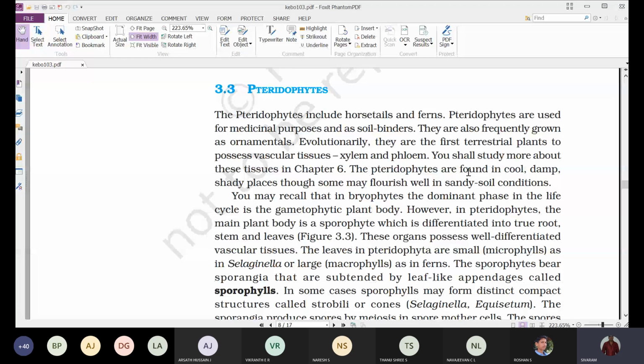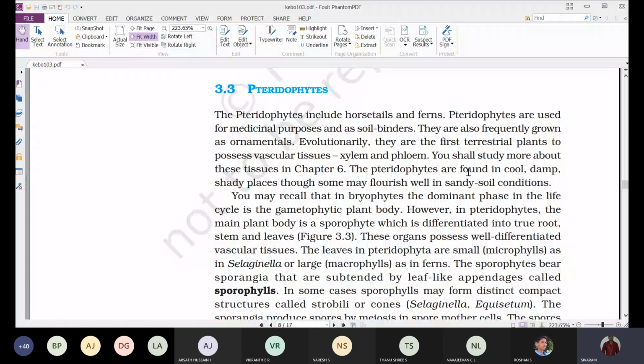As already I told you, evolutionarily, they are the first terrestrial plants to possess vascular tissues, that is xylem and phloem. So why are the pteridophytes considered the first terrestrial plants? Because these are the plants which show the vascular tissues, xylem and phloem, for the first time in the plants.